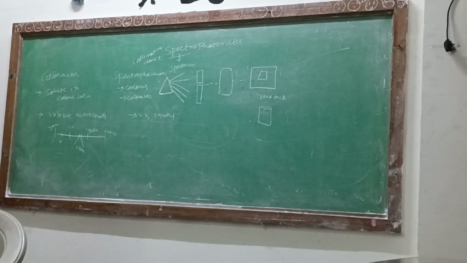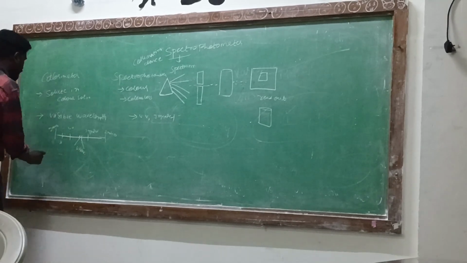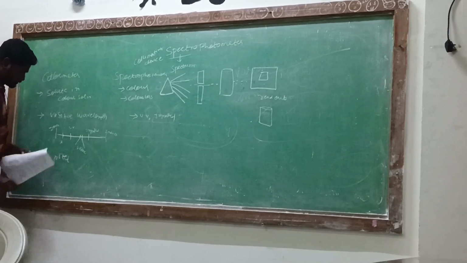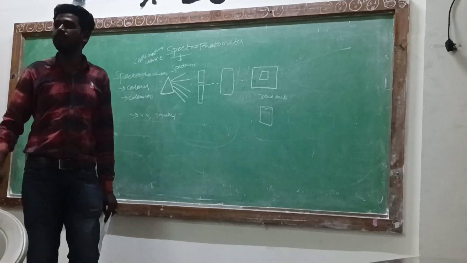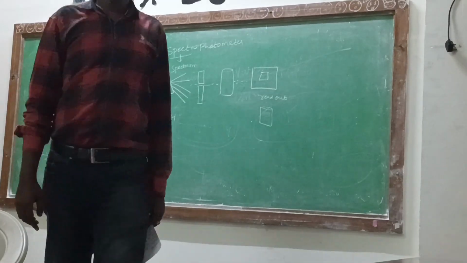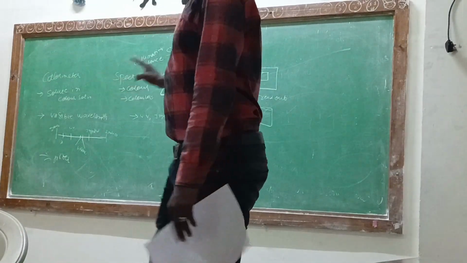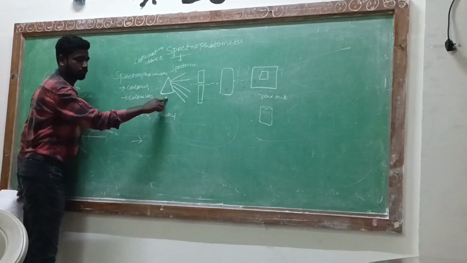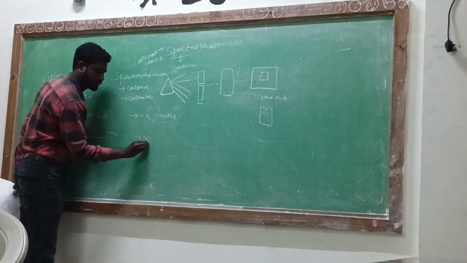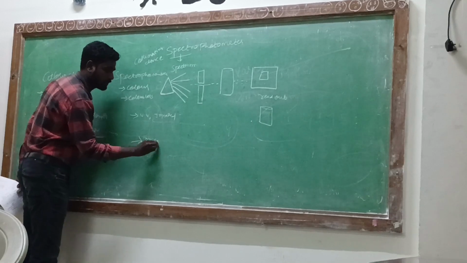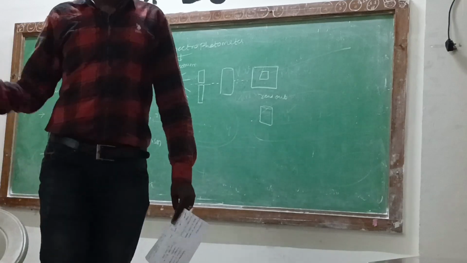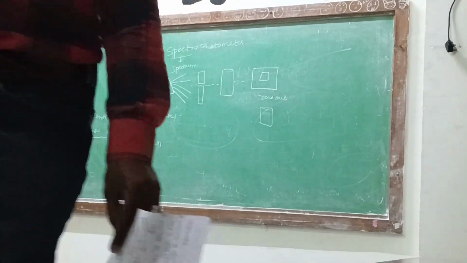In the case of the colorimeter, you will be using filters for the wavelength to pass. But in the case of the spectrophotometer, we are using the prism. In that case we are using the filter. Here we are using the prism.